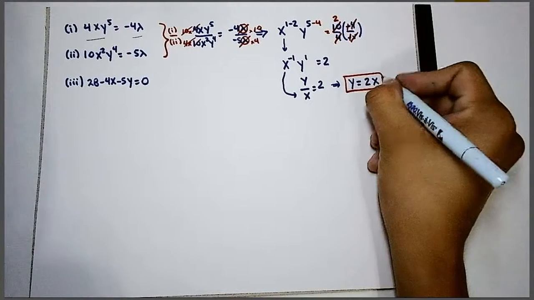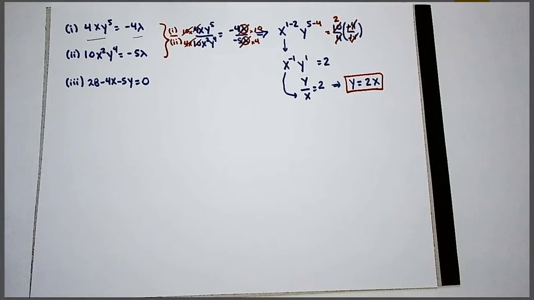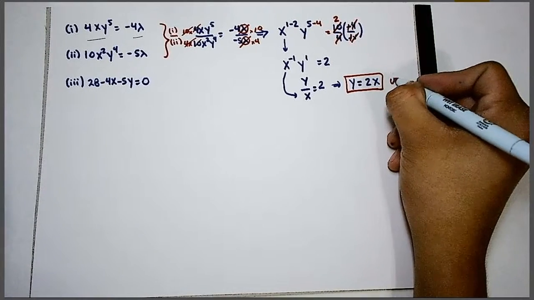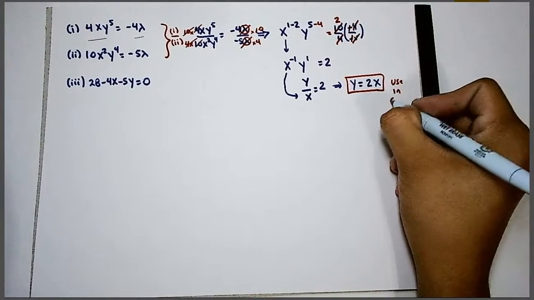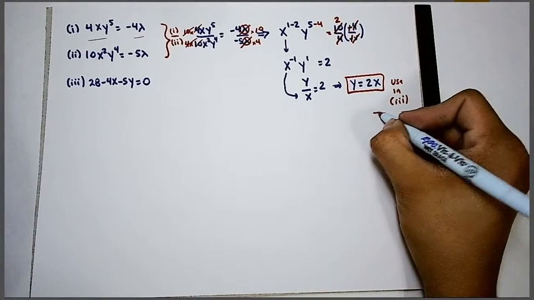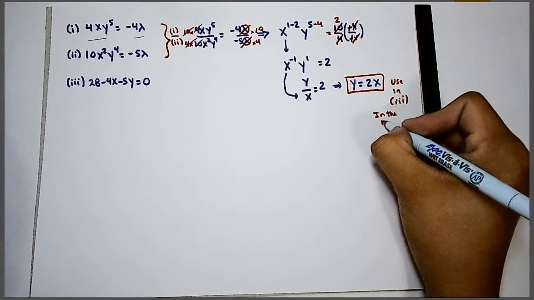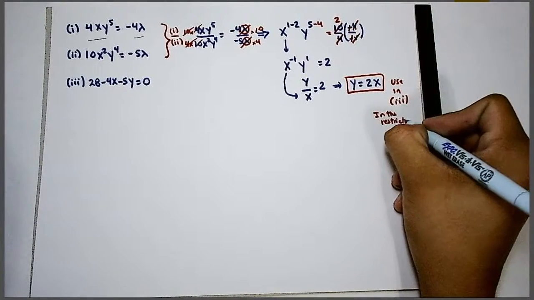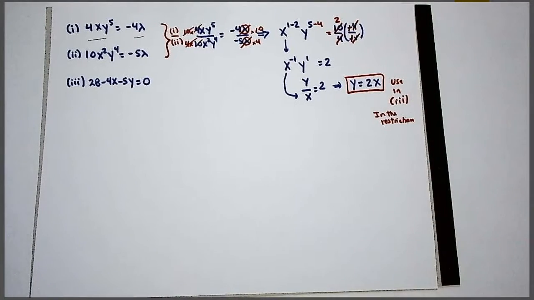This relationship obtained from the first and second equation, we will use it in the third equation. So we will always use that relationship in the restriction. So let's use it here.